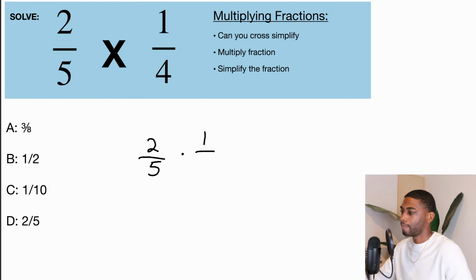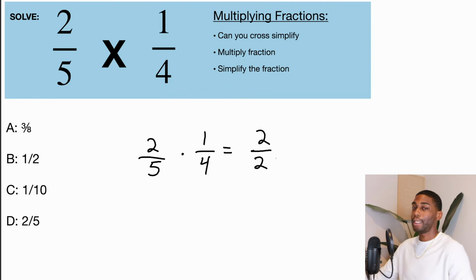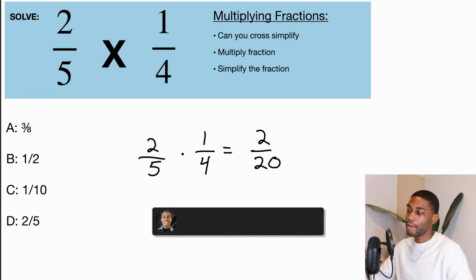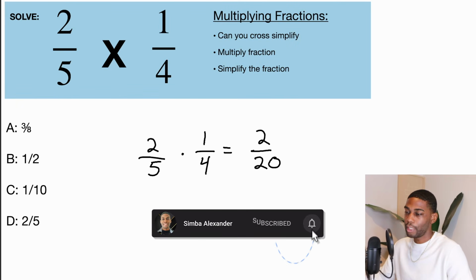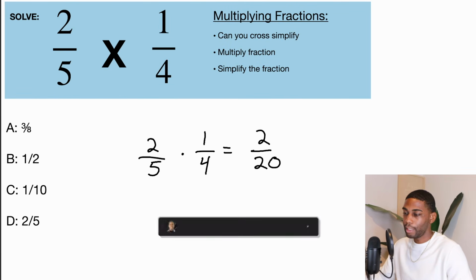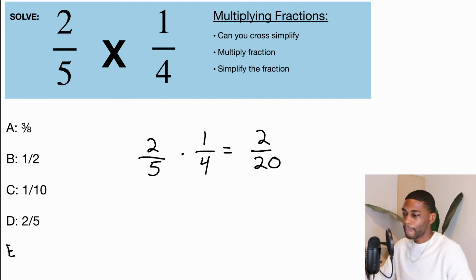We just multiply coming across. 2 times 1 is 2, and 5 times 4 is 20. On the ASVAB and other tests you take, you will have an answer in the answer key. Let's say E was another option, and what they would put is 2 over 20.